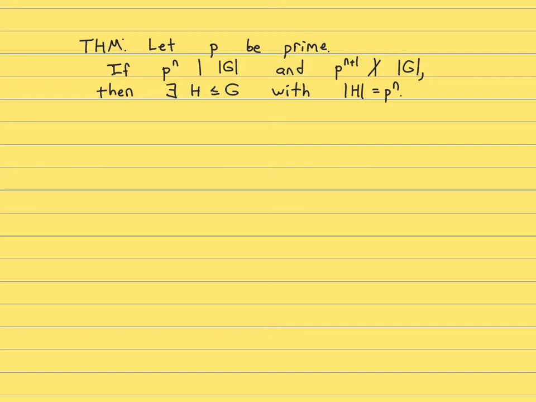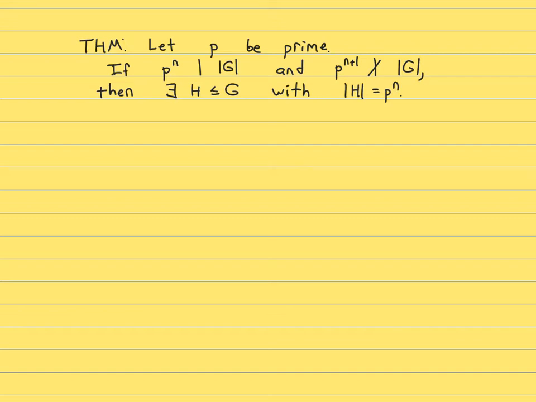So here's the precise statement. Let p be a prime. Suppose that the order of your group is divisible by p to the n, where n is a non-negative integer, but the order of your group is not divisible by the next higher power of p. Then there exists a subgroup H of order p to the n.